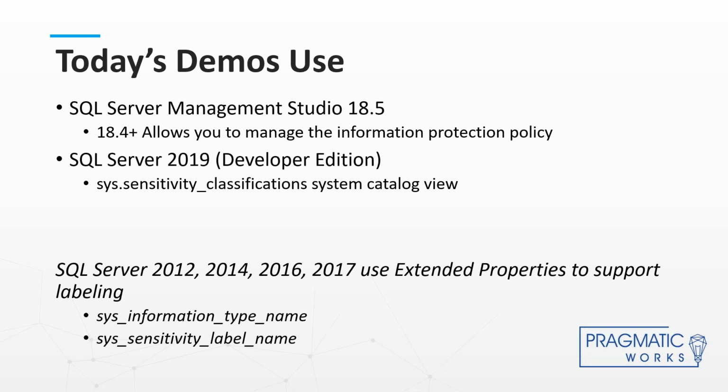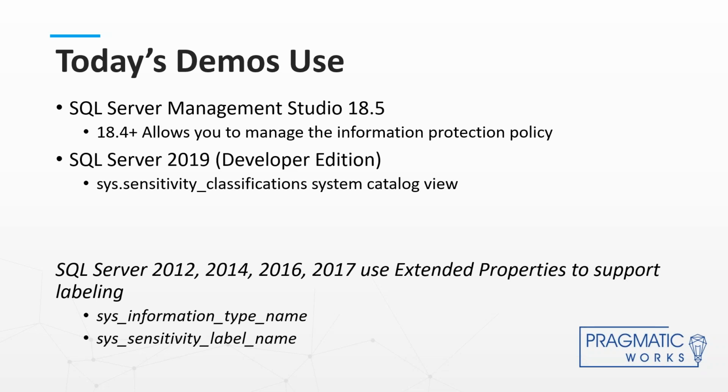You might find the need to do custom reporting, or you can also dump it to Excel or other tools. But just so you're aware, you now have easy access to that data. You don't have to go through the extended properties to figure out the labeling, like you would for 2012 through 2017. Why I bring that up is I'm going to demo everything within the context of this, so your mileage will vary.